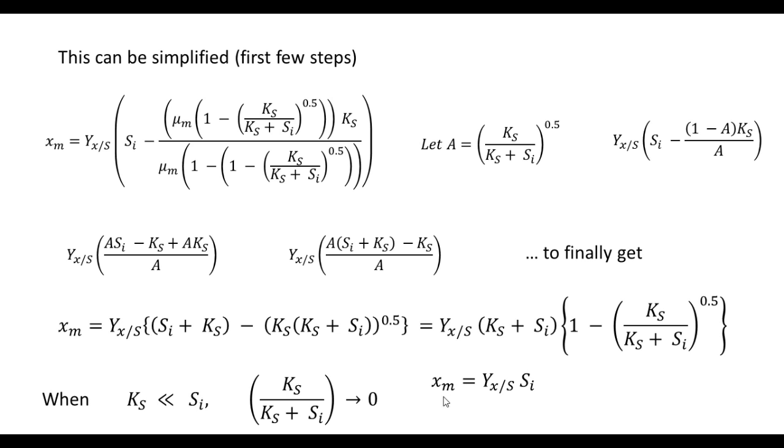So in such a case, if this tends to 0 and this can be replaced with Si, Xm would be directly Yxs times Si, and the productivity Rm would be Dm times Xm. Okay, that's our definition of productivity that we saw earlier, and Dm is mu m. Therefore, we have replaced it with mu m. Xm would be Yxs times Si, so that would be mu m times Yxs times Si.